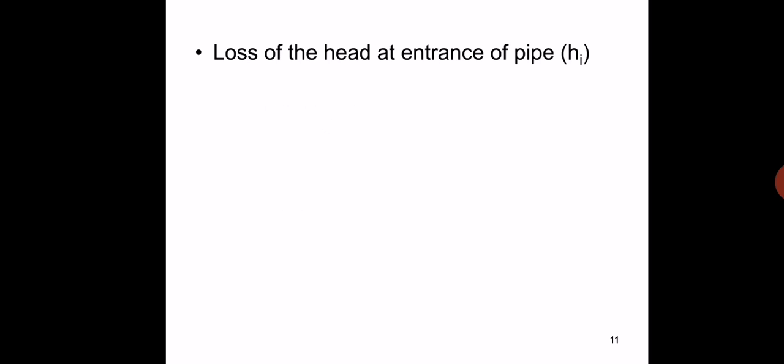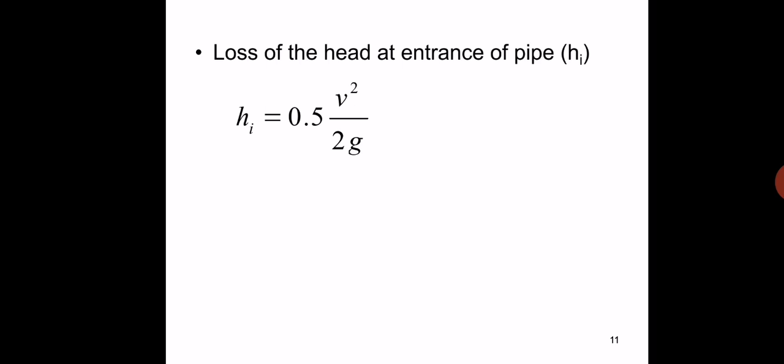All these come under the minor losses. So you have formulas for the different head losses. Loss of head at the entrance of a pipe is denoted with hi. That is 0.5 V squared by 2g.